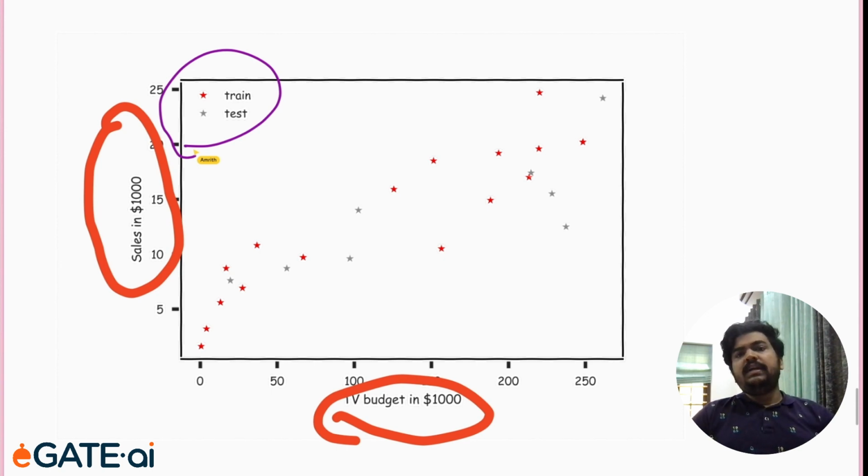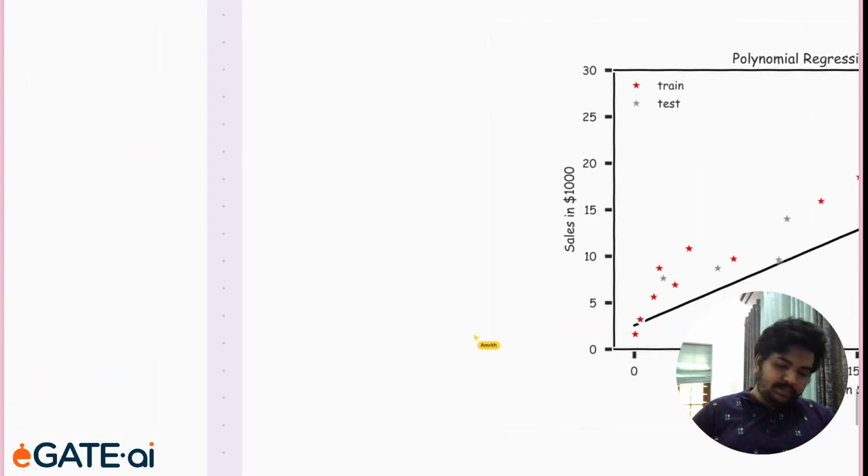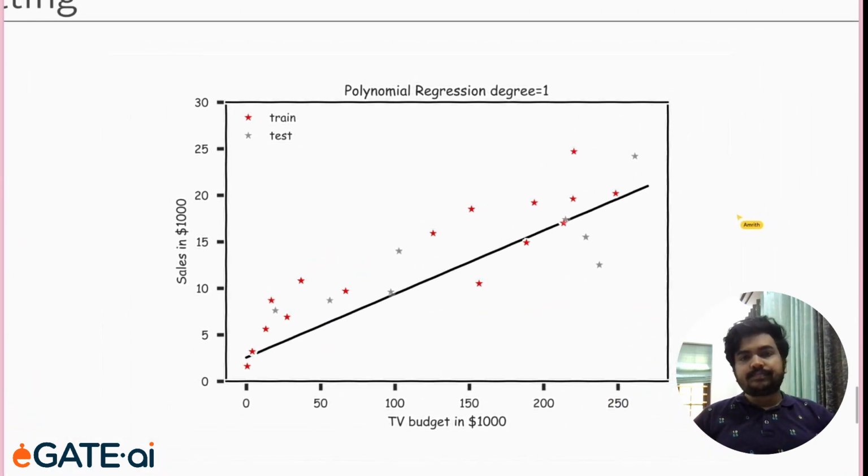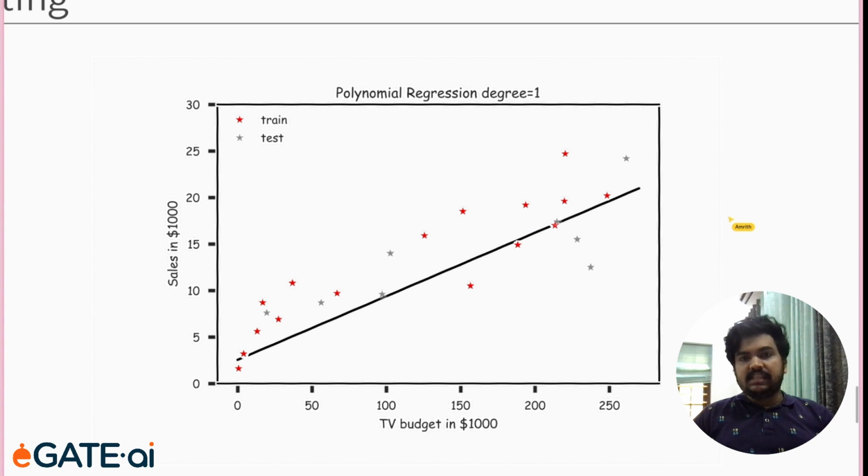So for a polynomial regression with degree equal to 1, which is nothing but linear regression, what we can expect is to get a straight line, something like the one shown here. But as we can see, not all the training data points for this particular use case lie in a single line.